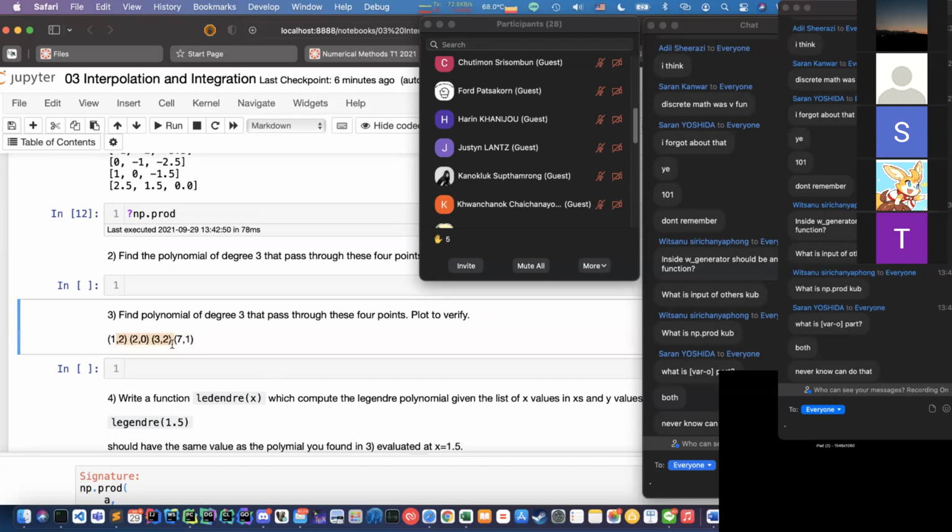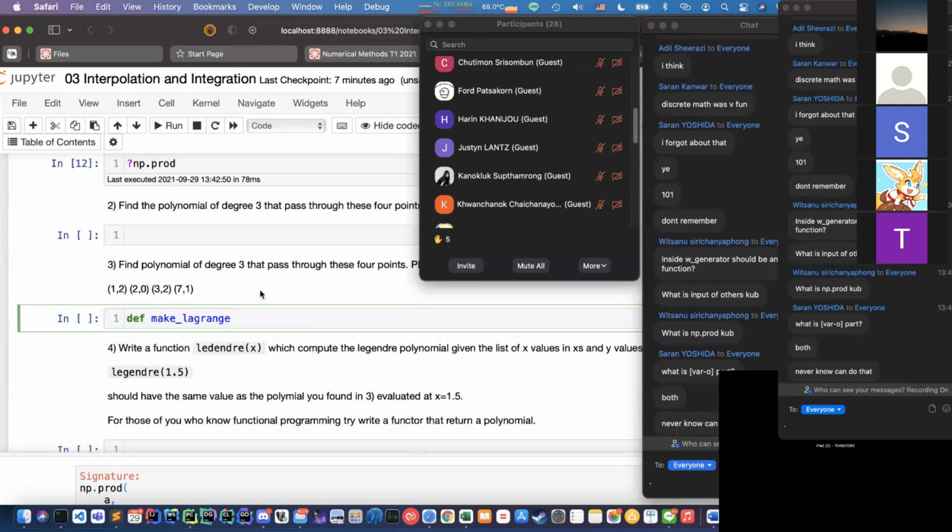Oh, actually, just write a function that you can put in any sort of points. So let me give you a signature. It should be make Lagrange. Actually, called Lagrange, and you can put in all the x's and y's. So let me make a list of float.